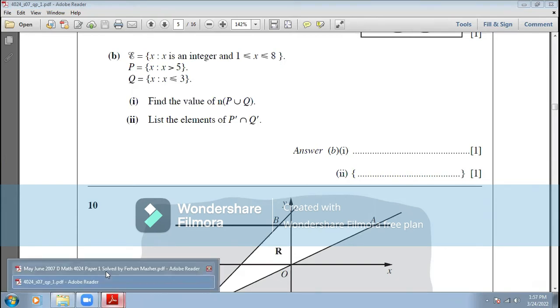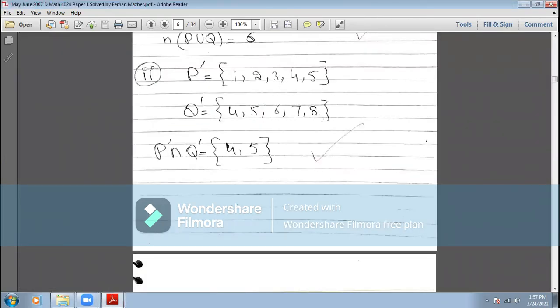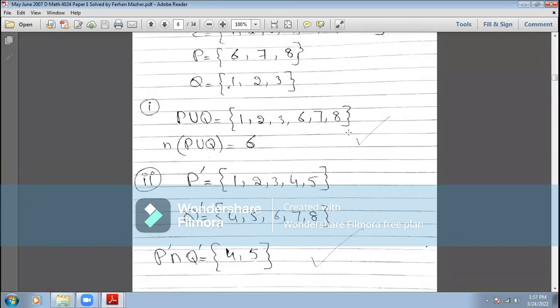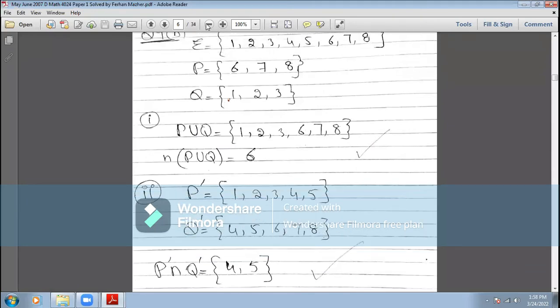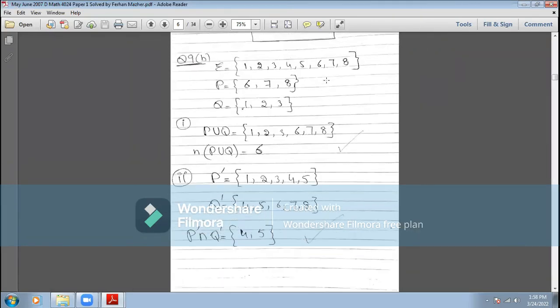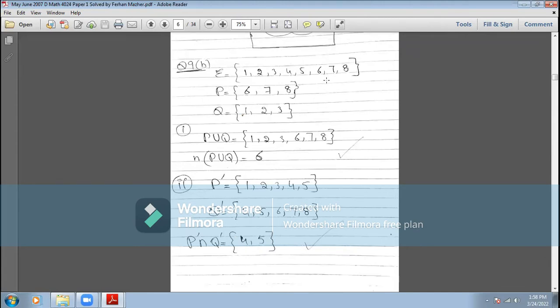The P complement is the members in the universal set other than P, and the Q complement means the members in the universal set other than Q. So the P complement will be 1, 2, 3, 4, 5. The Q complement will be 4, 5, 6, 7, 8. And the intersection between the P complement and the Q complement will be 4 and 5. So this is how you will do question number 9.